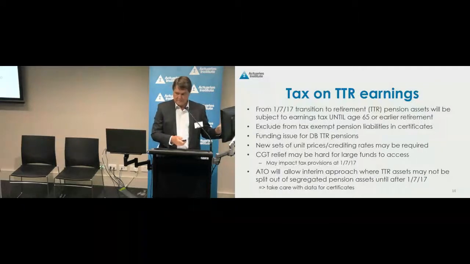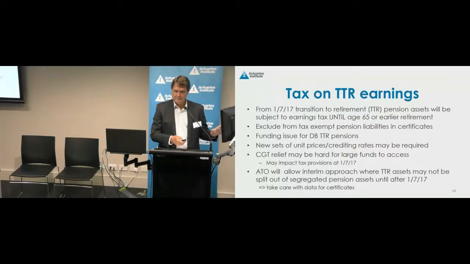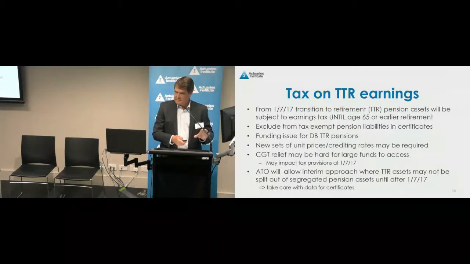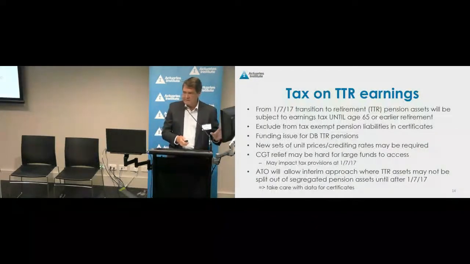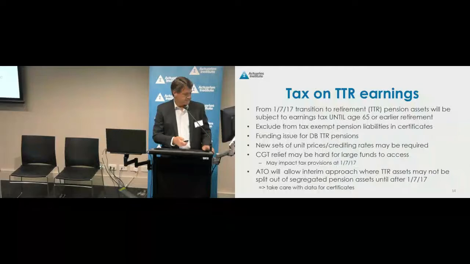But it does cause a number of practical issues in what you do for your TTR pensions, particularly if they have slightly different investment options to your full account-based pensions, and how do you address the fact that they will now be taxed? Do you need new crediting rates, new unit prices? Do you need to change how the asset allocations for them work?